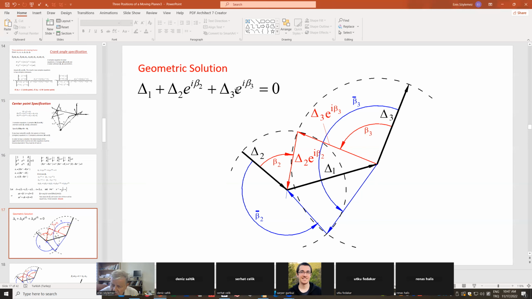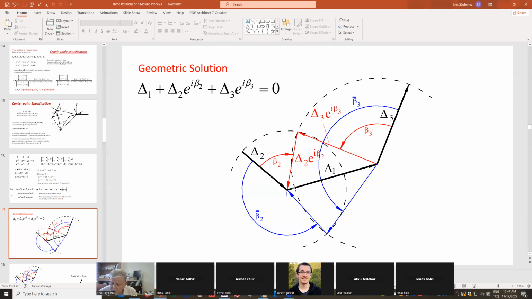When I multiply delta 3 with e to the i beta 3, this tip is also going to rotate. The solution is when delta 1 plus delta 2 e to the i beta 2 plus delta 3 e to the i beta 3 is equal to 0. That means I have two solutions.